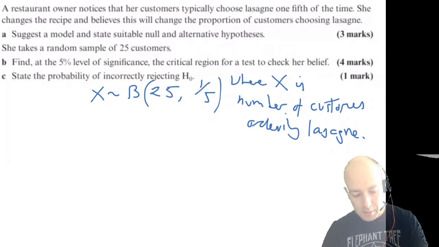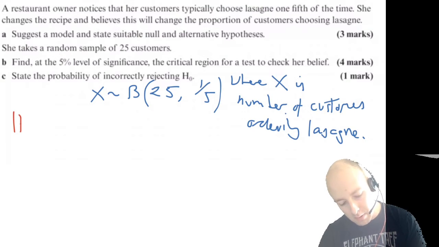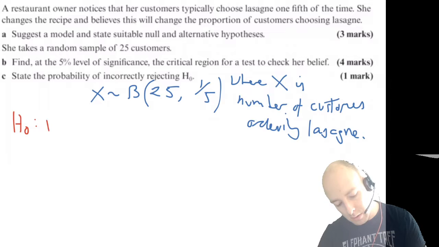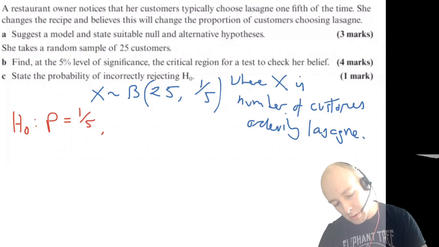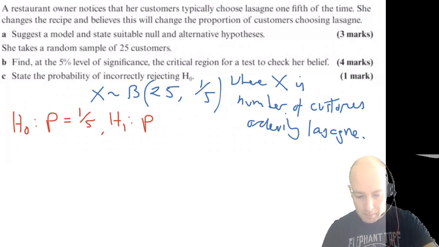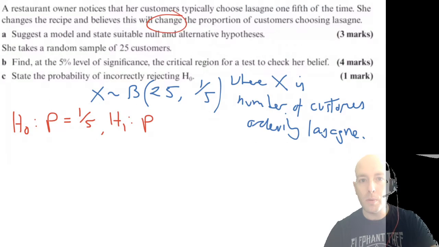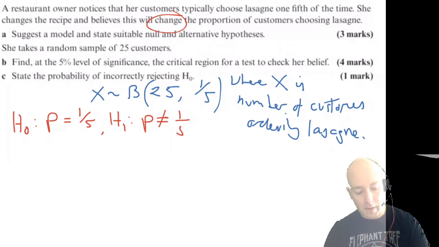Okay, next we need to do our hypotheses as it says in part A. So H0 is going to be everything the same, so the probability is still 1/5. H1: let's read through, and it says we'll change the proportion of customers. So H1: p is not equal to 1/5.